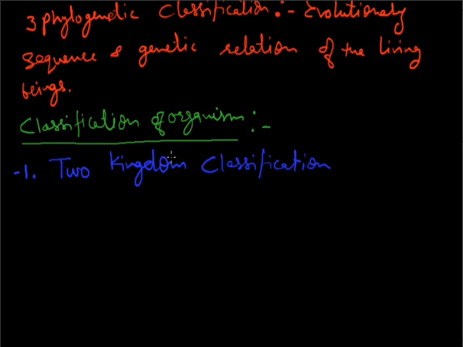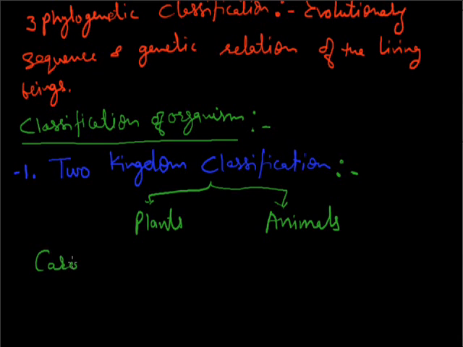So we call it the two kingdom classification. According to this classification, the living beings are categorized in two groups. One is called plants, another is called animals. This system of classification was given by Carolus Linnaeus. He is also known as the father of taxonomy.